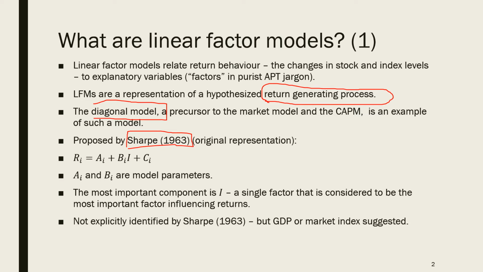Well, first of all, what we have is returns on the left-hand side. In other words, the change in the level of market index or the change in the price of a given stock. And then what we relate it to is a specific index, a single index. This could be the level of the GDP, let's say.